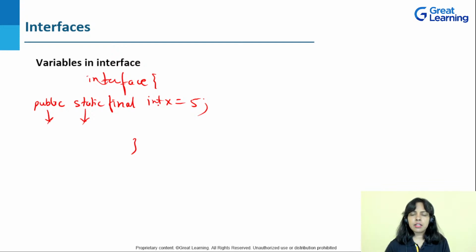Otherwise, mostly variables are not there in an interface. Okay. So public static final. Final is for that: we cannot change or alter the value of this variable. Now, as I said, we should not change the value of this variable. It means some value should be assigned there. If I don't assign any value here, you will get a compile time error.